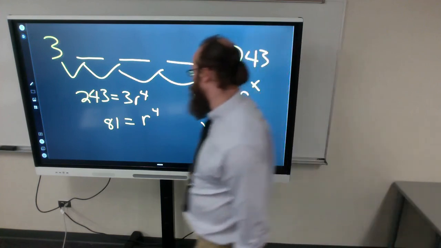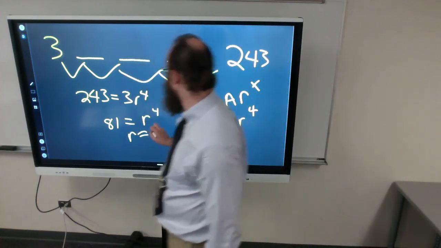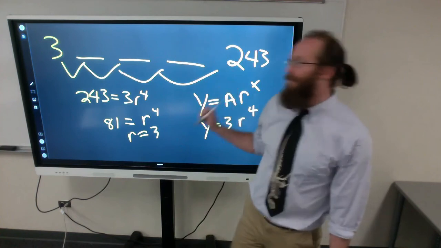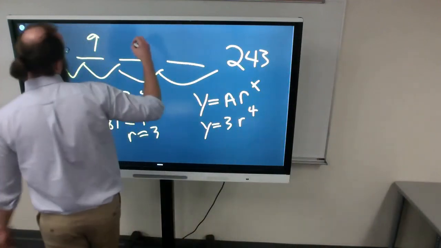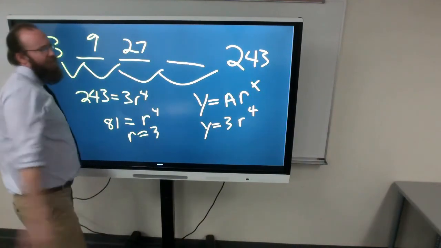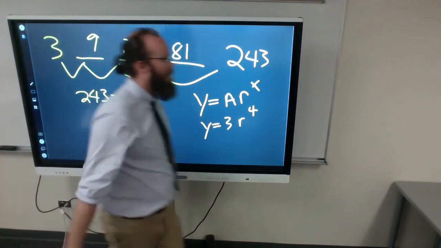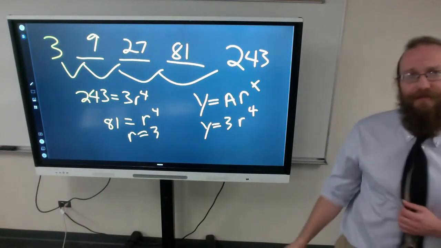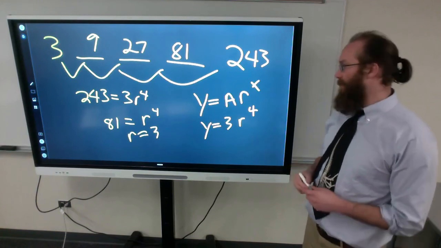So what we are doing here, r equals 3, and in this case, 3 times 3 is 9, 9 times 3 is 27, 27 times 3 is 81, 81 times 3 is 243. So hopefully that all makes sense.